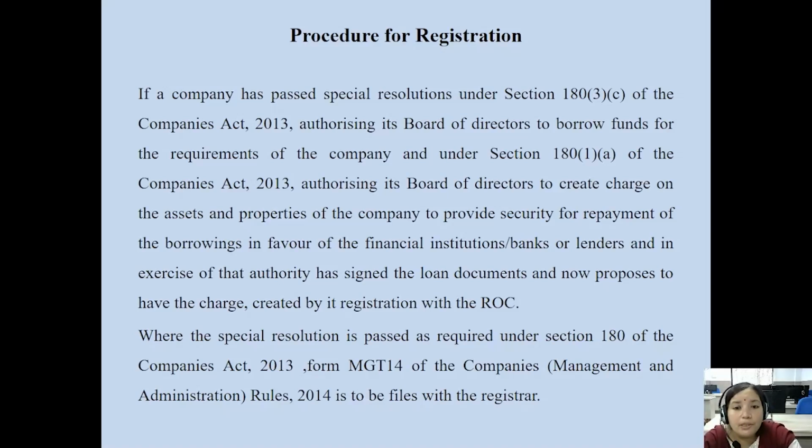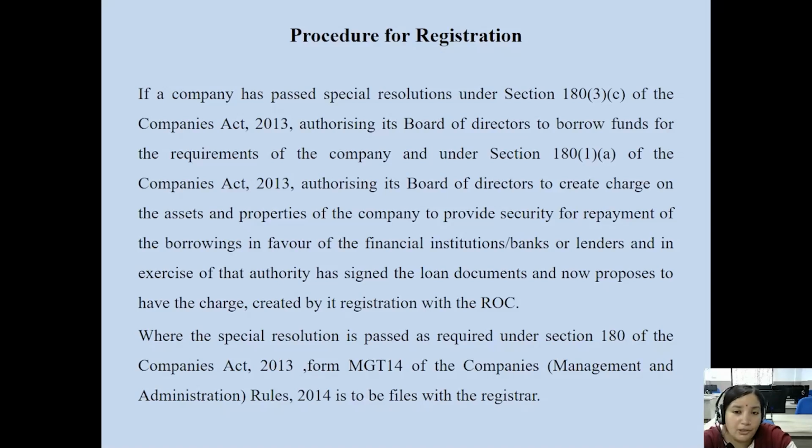So this is the procedure involved in registration of charges, and for that procedure, you have to pass a special resolution. It means at least 75% of the majority should be with the resolution to be passed in the meetings of the company, and that gives authority to prepare and create a charge over the assets, properties, and undertakings of the company, either whole by nature, subsidiary by nature, or affiliate by nature.